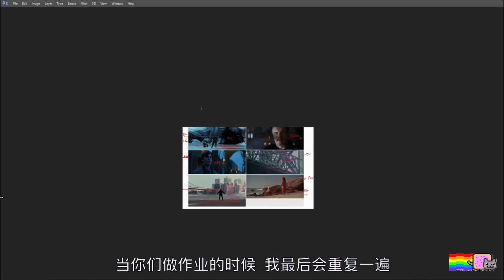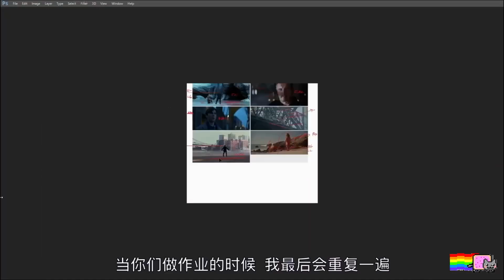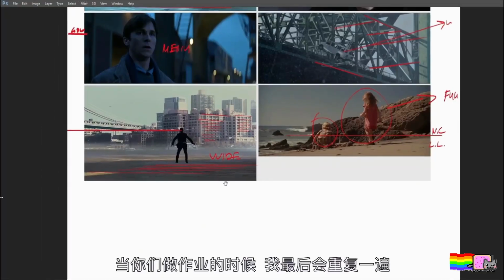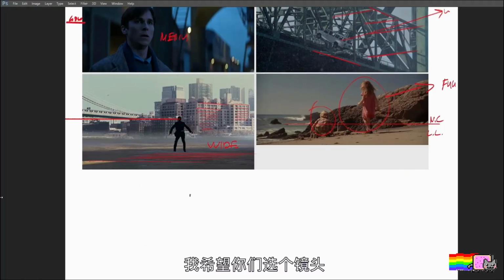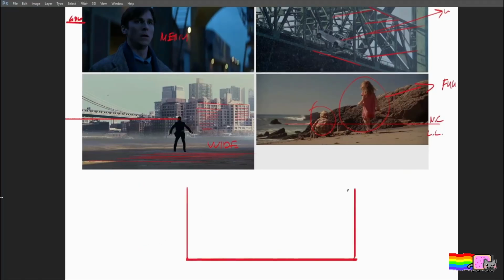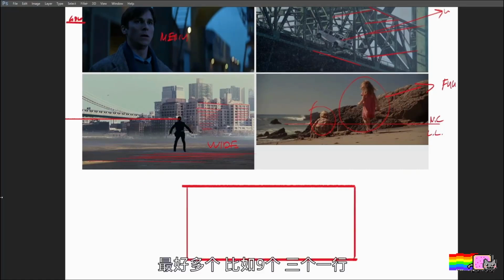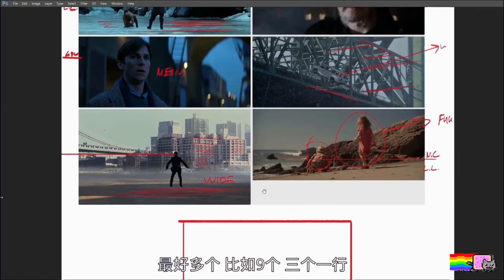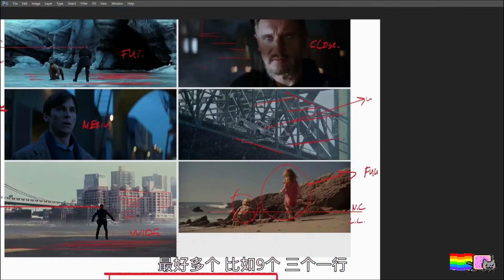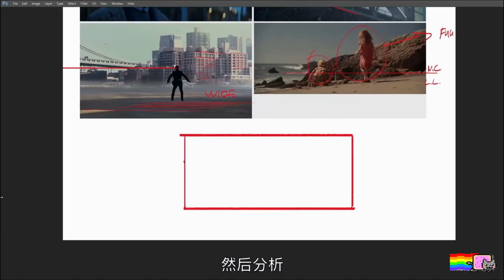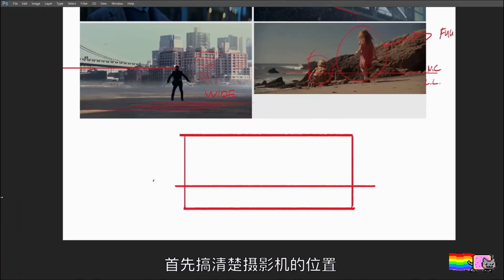So when you do your assignment, which I will repeat at the end of this lecture, I would love you to pick a frame. Ideally pick more than one frame. Nine I would say is good, you could fit three and three, and then analyze it. First, figure out what your camera level position is.